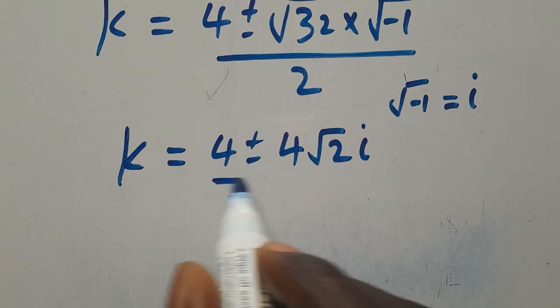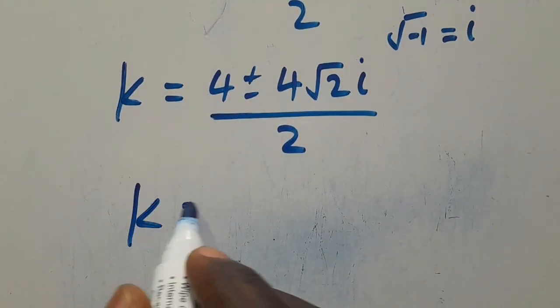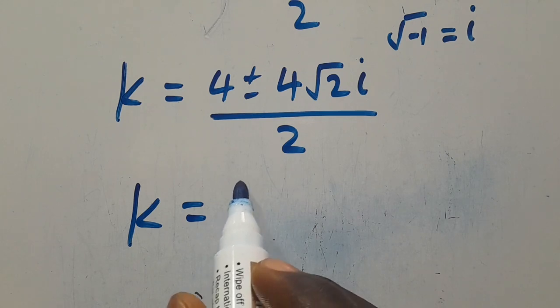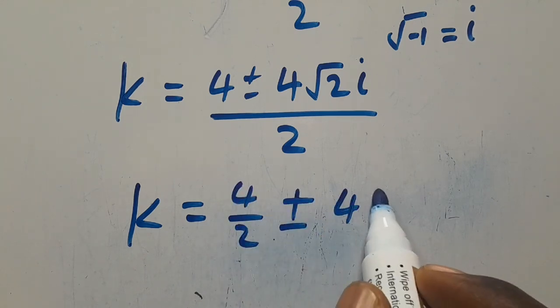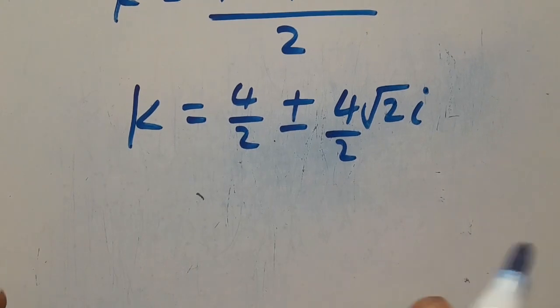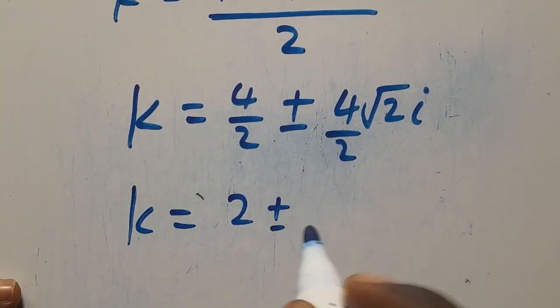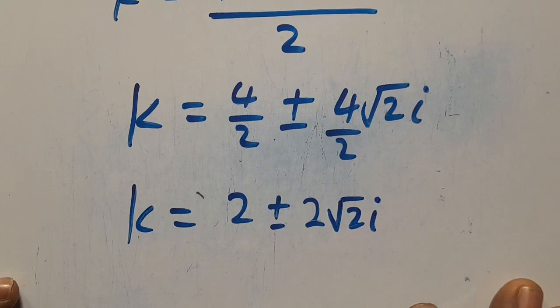So everything divided by 2. From here we have k equal to, divided through by 2, 4 divided by 2, positive or negative, 4 root 2 i, then divided by 2. So we are going to have here k equals 2, positive or negative, 2 root 2 i.